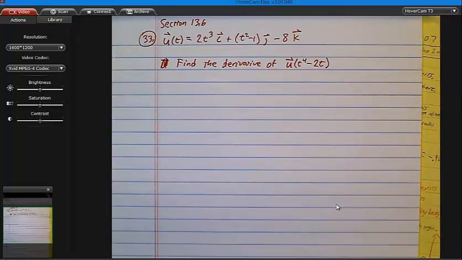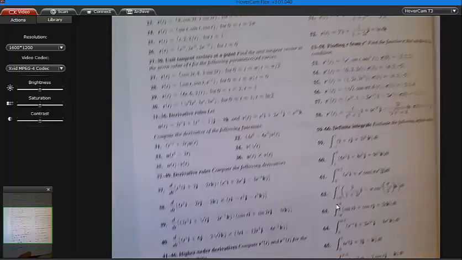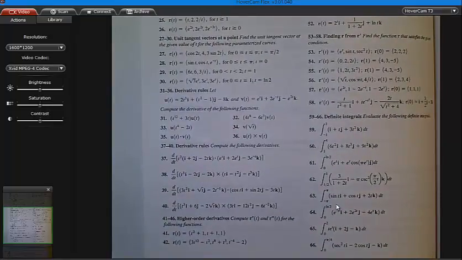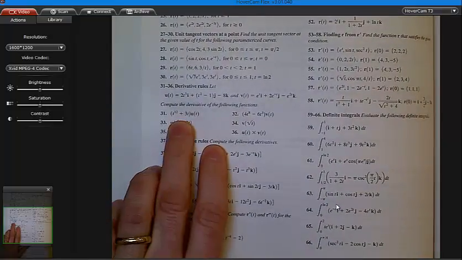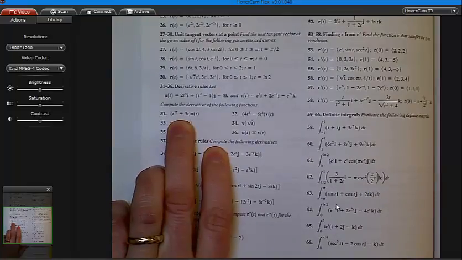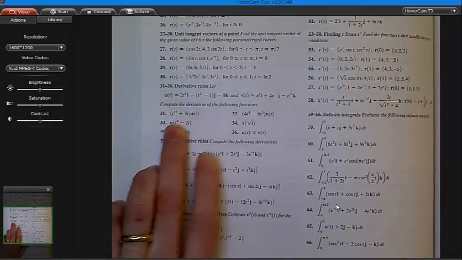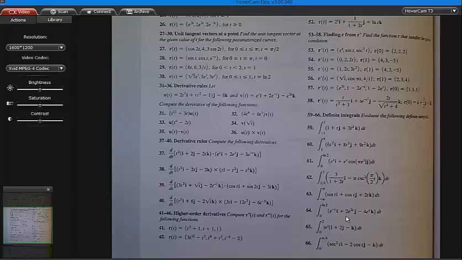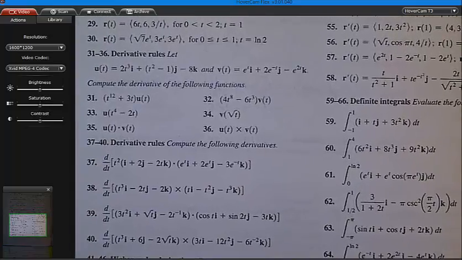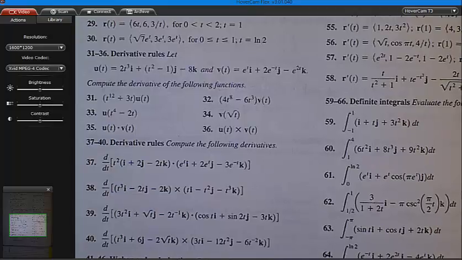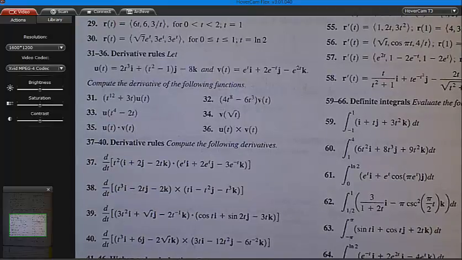As a matter of fact, as I look at those exercises, I think that is one of the points. Look at problem 31, which was not assigned. Can you see it? Is it big enough for you? Zoom in a little bit. 31, to me, is a product rule. Same with 32.